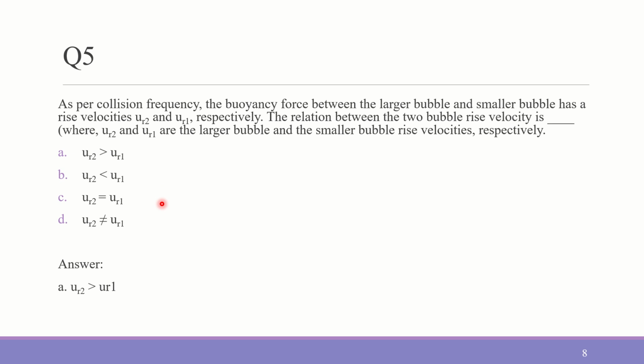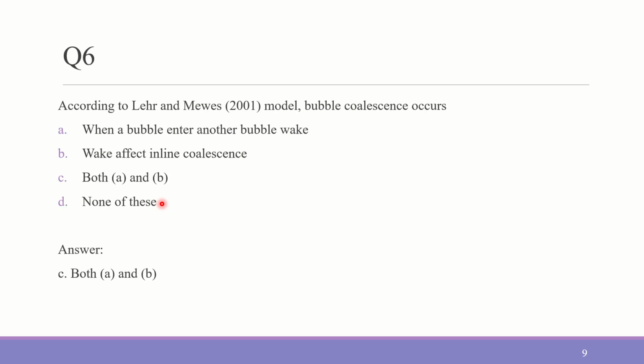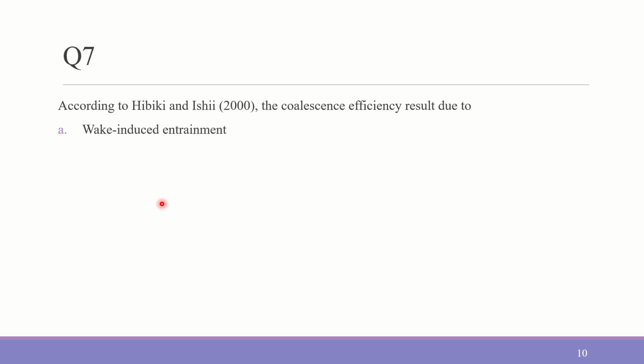Therefore, a larger bubble has a larger rise velocity. And the wake layer and Mu's model: bubble coalescence occurs when a bubble enters another bubble's wake, and the wake affects inline coalescence. And Hibiki and Ishii results are due to wake-induced entrainment and turbulence-induced entrainment as well.